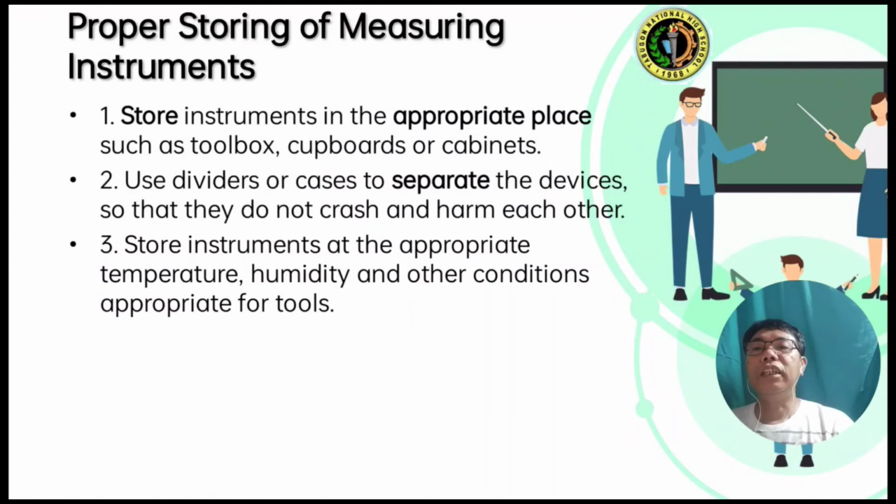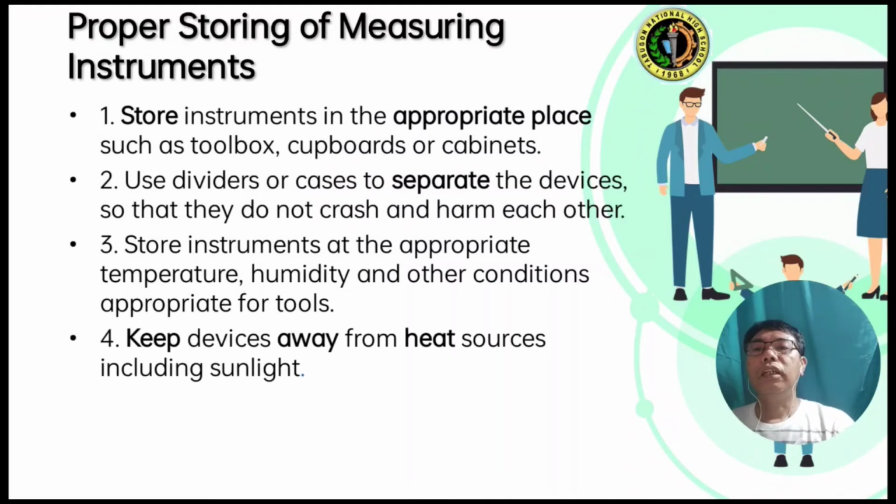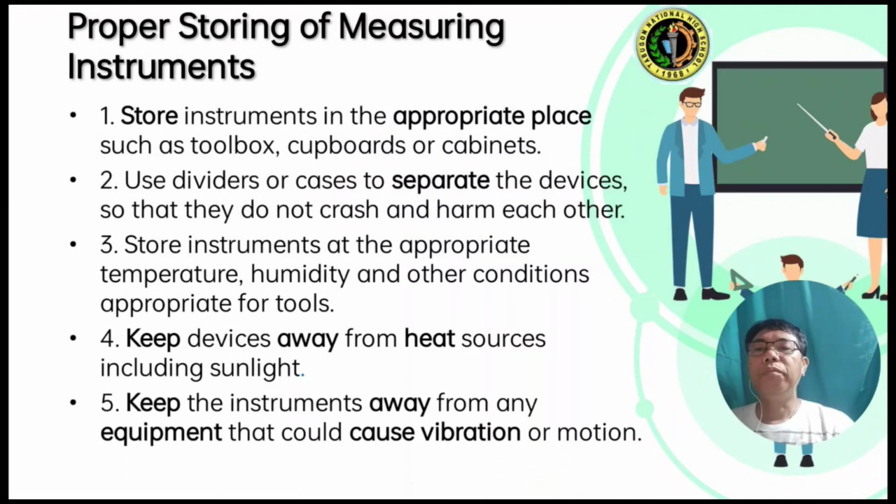Number 3, store instruments at the appropriate temperature, humidity, and other conditions appropriate to the tools. Number 4, keep devices away from heat sources including sunlight, meaning to say you do not have to expose the instruments in sunlight. Number 5, keep the instruments away from any equipment that could cause vibration or motion.